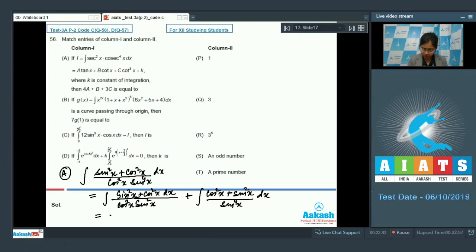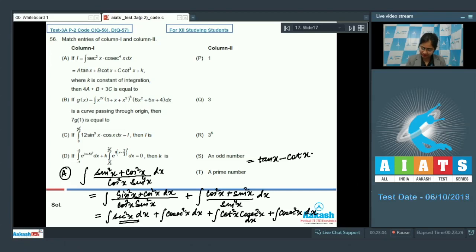So that is equal to the integral of secant square x dx plus the integral of cosecant square x dx plus the integral of cot square x into cosecant square x dx plus the integral of cosecant square x dx. So these will give us tan x minus cot x.